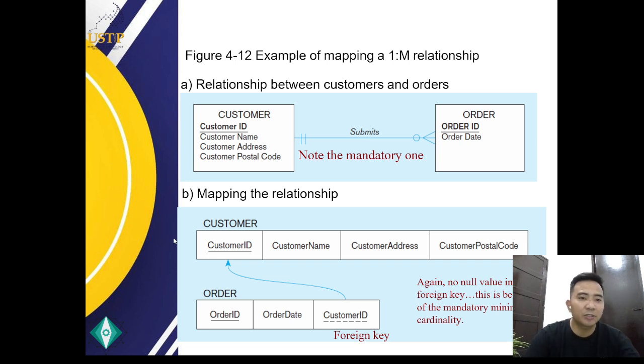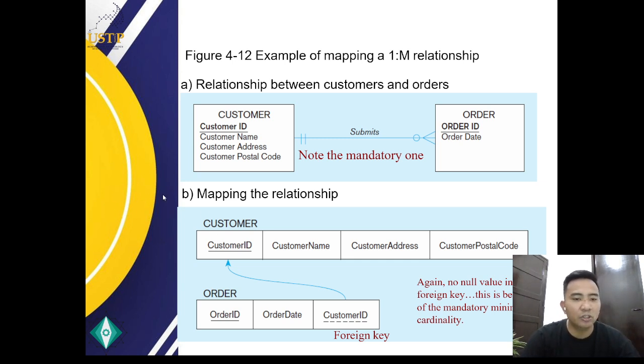We have here the relationship between customer and the orders. So we have here the customer ID. Okay, it is mandatory and it submits an optional order ID. So we also have here mapping the relationship between the customer and the order.